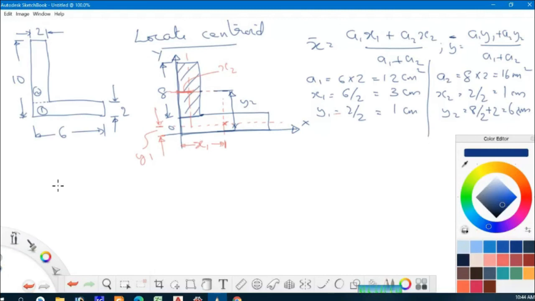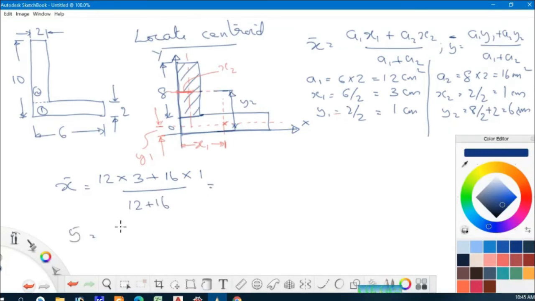You substitute the values. X bar is equal to A1, which is 12 centimeters square, into x1, which is 3, plus A2, which is 8 into 2 equal to 16 centimeters square, into x2, which is 1 centimeter, divided by A1 plus A2. So you'll get a value.